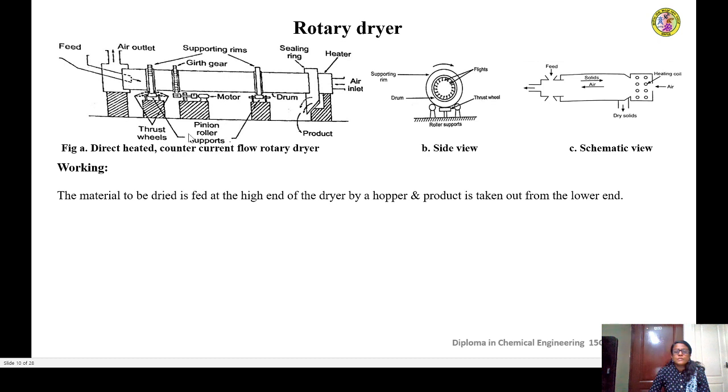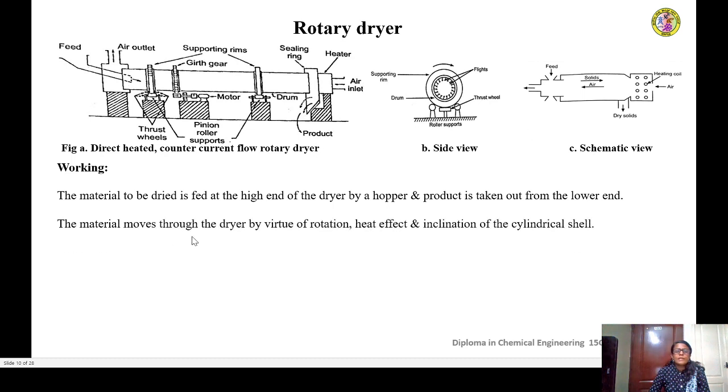So coming to the working of rotary dryer, the material to be dried is fed at the high end by a hopper. Product is taken from the lower end. The material moves through the dryer by the virtue of rotation, heat effect and inclination of the cylindrical shell.